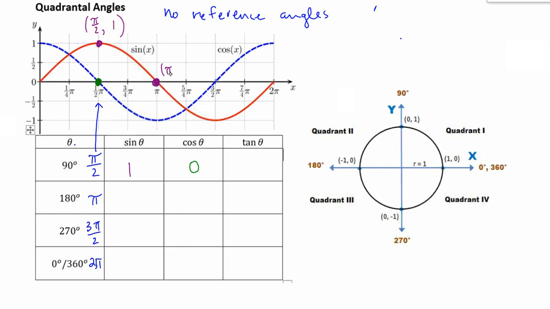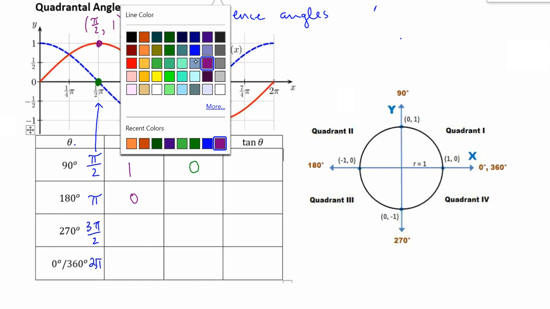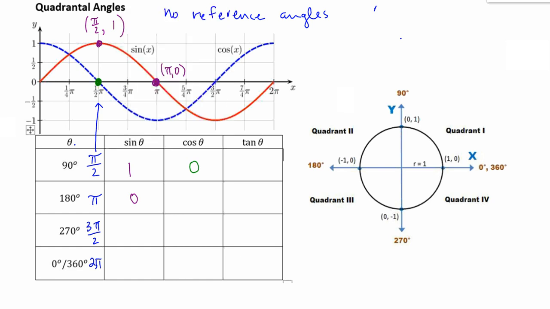So pi, 0, that means the sine of 180 is 0. Okay, looking at the cosine. Oops, sorry, I forgot to put this in. Cosine at pi is down here. So that point is pi comma negative 1. So cosine of 180, or pi, is negative 1.